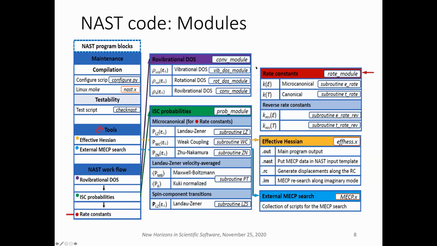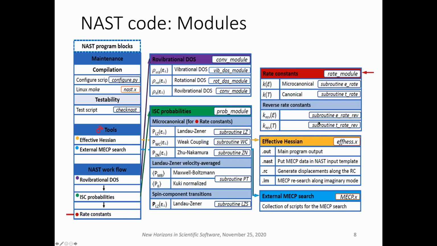But the main sets of models, again, are the raw vibrational density of states, which calculates vibrational-rotational density of states using different models. We have the calculation of the probability of transition, again with different models. So Landau-Zener, weak coupling, Nakamura, and some other methods for thermally dependent, canonical probability of transitions.